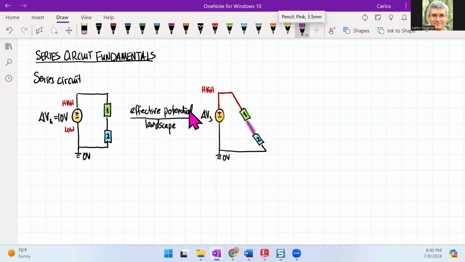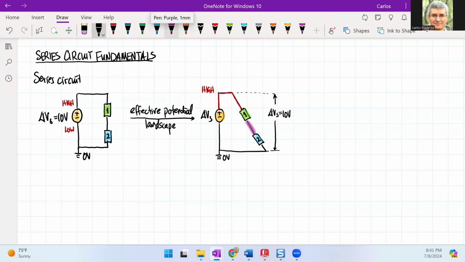So now what happens? The potential sets up an incline that looks like this. So I have an incline, and this height, according to what we stated, is a height of 10 volts from here to here.